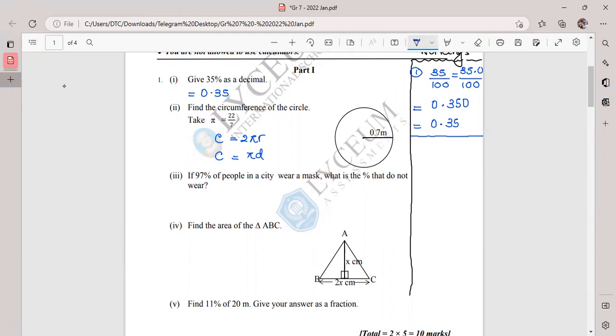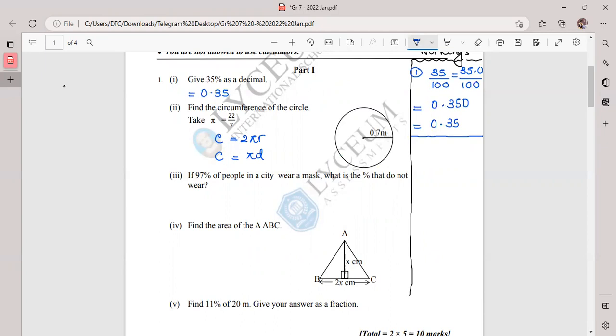We have 2 formulas to calculate the circumference, 2πr and πd. If you can remember, I have explained this with my area and perimeter videos also. When you have 2 formulas, you may have the doubt which formula I am going to use. It is based on the information available for you in the question, right?